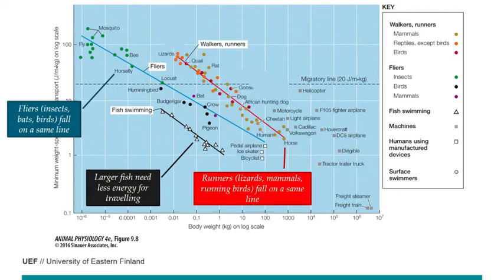And then all kinds of runners, either lizards or horses, are on the same line again. As you can see, this red line is above the blue and black line, meaning that a same size animal that is running consumes more energy than those that are flying or those that are swimming.